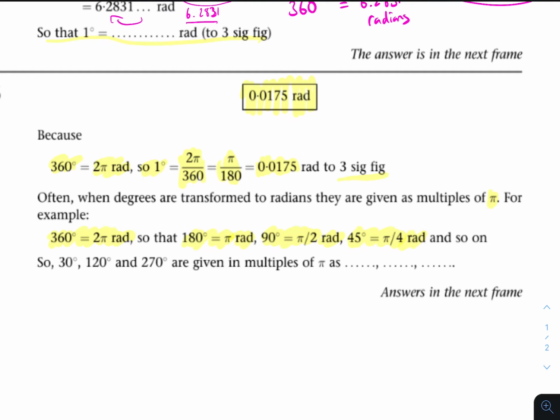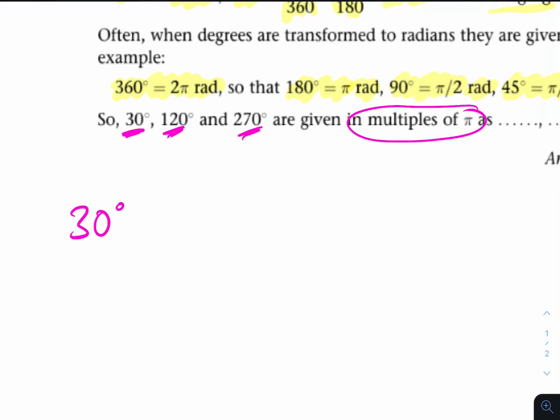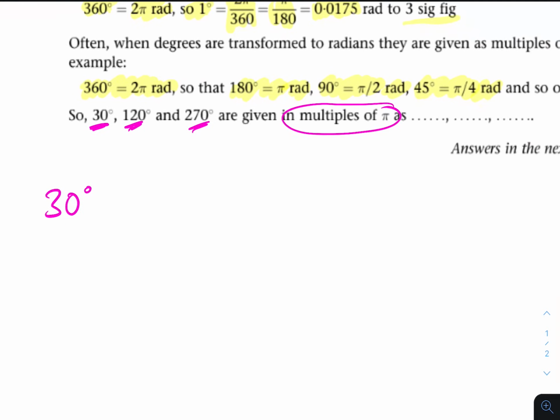So we want to now work out what would be 30 degrees, 120 degrees, 270 degrees, written as multiples of pi. Cool. So we've got 30 degrees here. What I like to do is write out 360 degrees is equal to what radians? 2 pi, right?